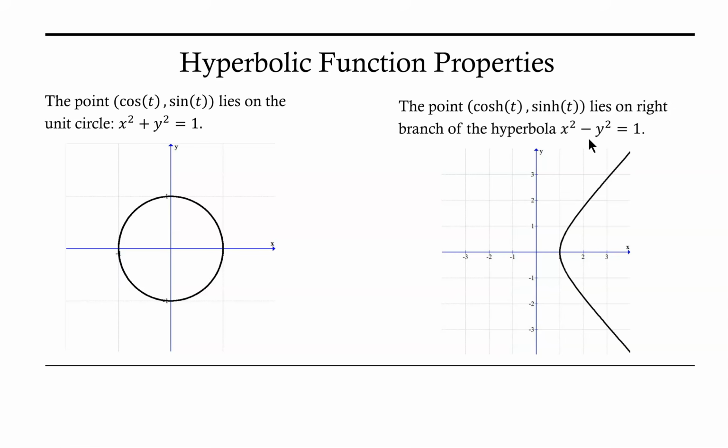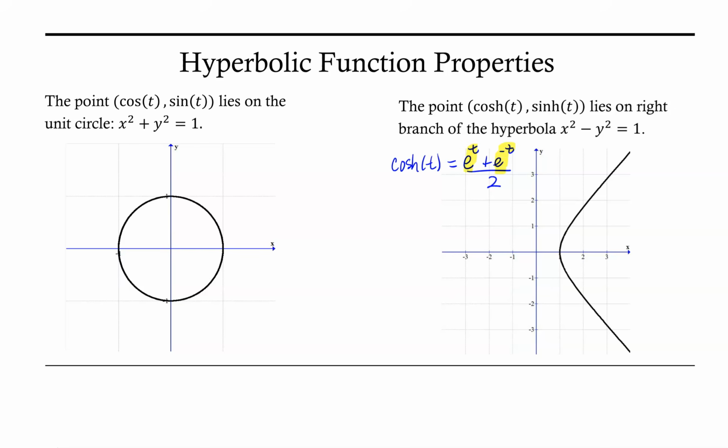Now, if we were to graph that entire hyperbola, there would be a mirror image on the left side of the y-axis. However, cosh of t is always positive because cosh of t is equal to e to the t plus e to the negative t over 2, and both of these exponential functions are always positive.